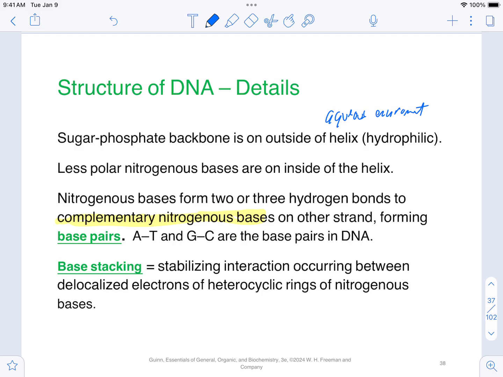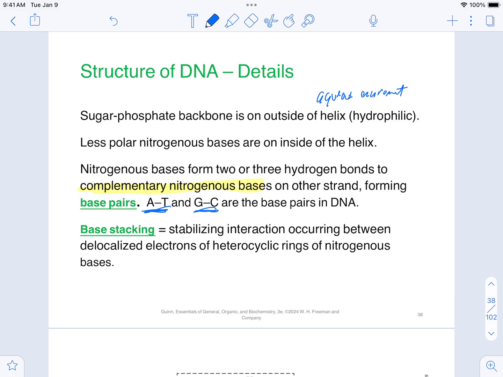These letters are switched from A to T or T to A, and then G to C or C to G. And we will practice doing this shortly. And remember, A, T, G, and C stand for adenine, thymine, guanine, and cytosine, and we saw that in a previous video.